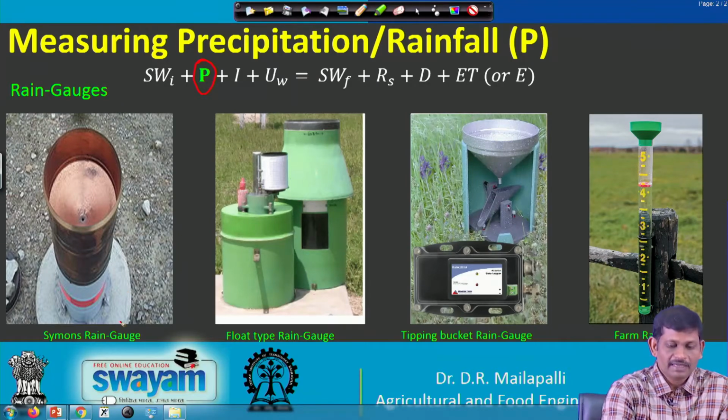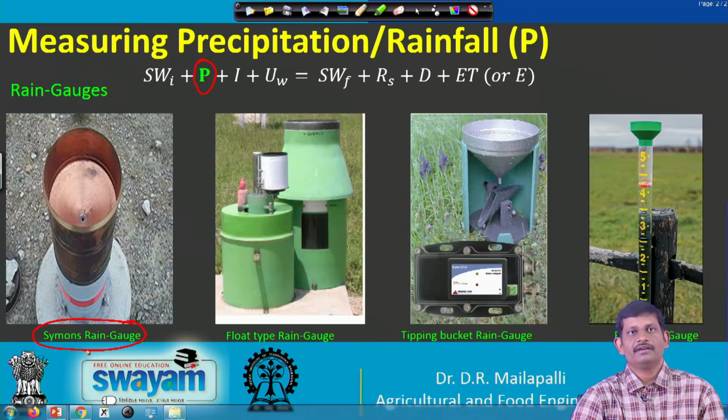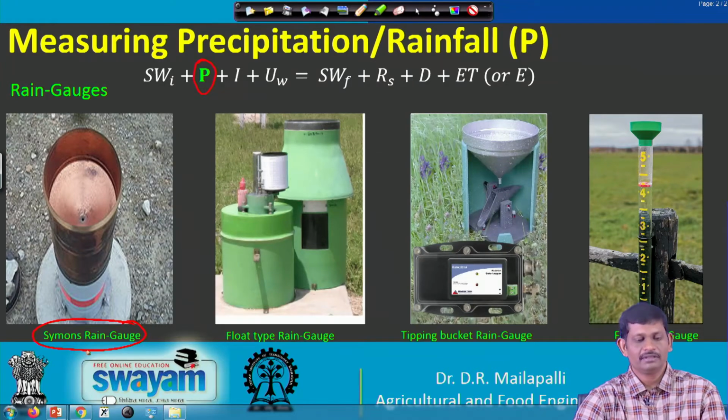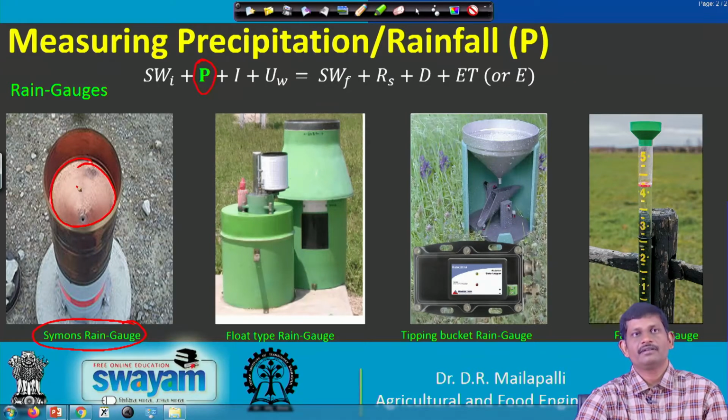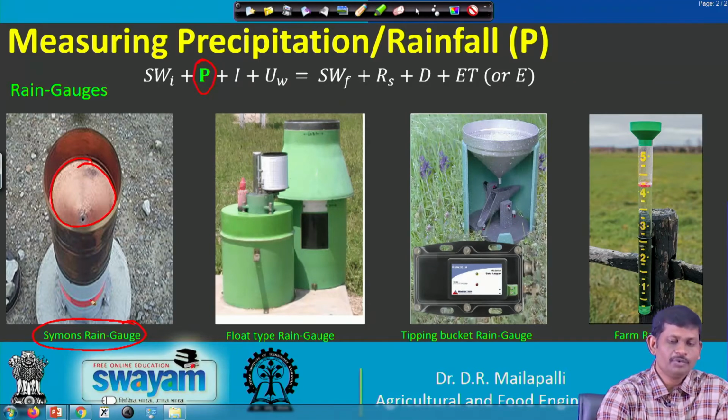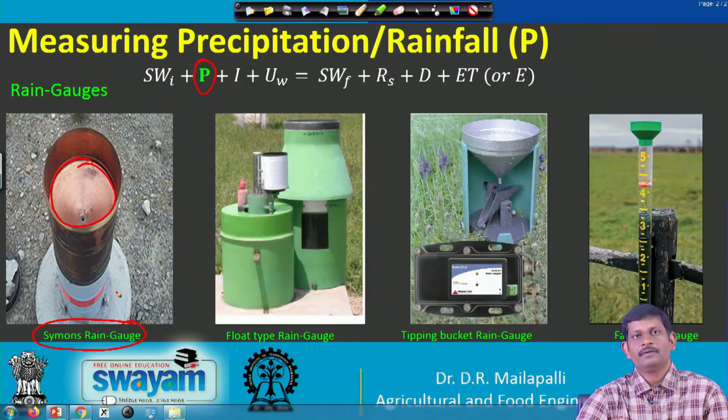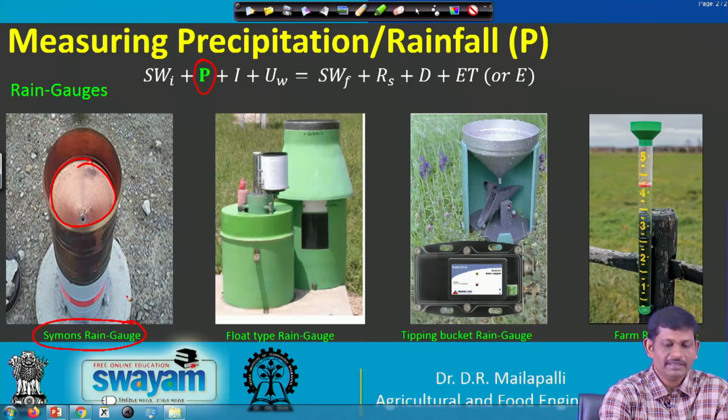It could be Symons rain gauge, which is a simple rain gauge, a simple collection tank or collection bottle, which has a conical collector at the top and a cylinder at the bottom. It collects the cumulative rainfall in a day.